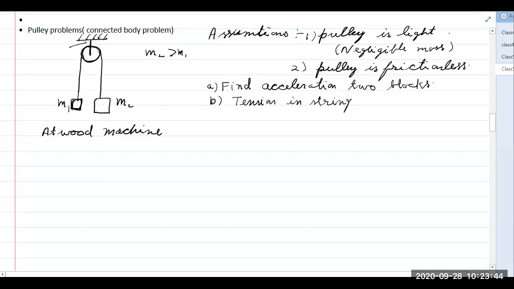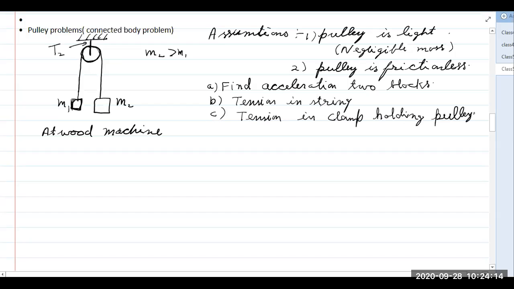Then we have to find the tension in the clamp, the one which is holding the pulley. Suppose we write this tension as T2. So the tension in the clamp holding the pulley. These three things we have to calculate.